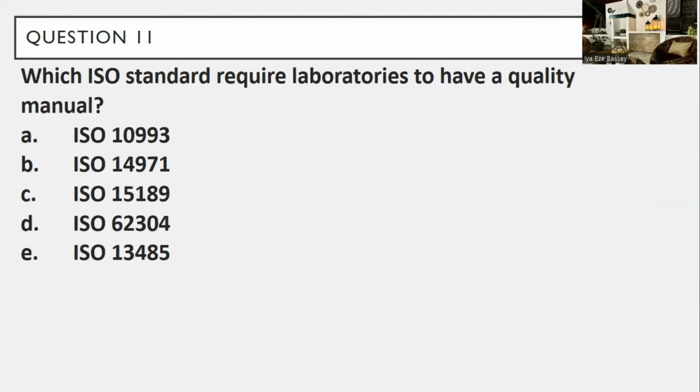11, which ISO standard requires laboratory to have quality manuals? The ISO 10993, ISO 14971, ISO 15189, ISO 62304, ISO 13485. The answer is ISO 15189.